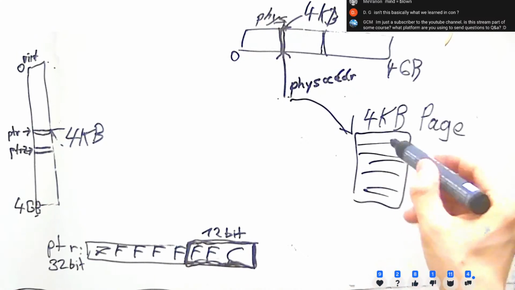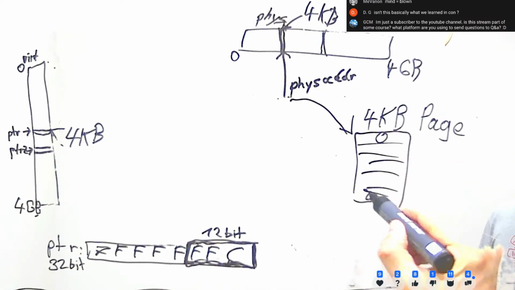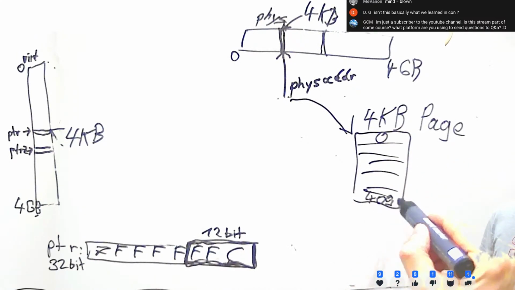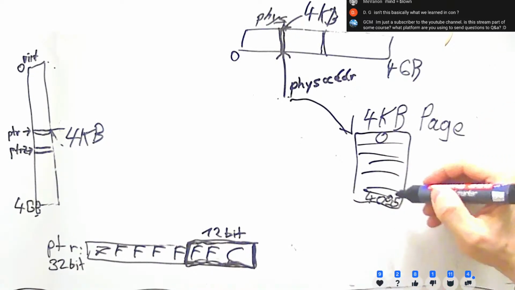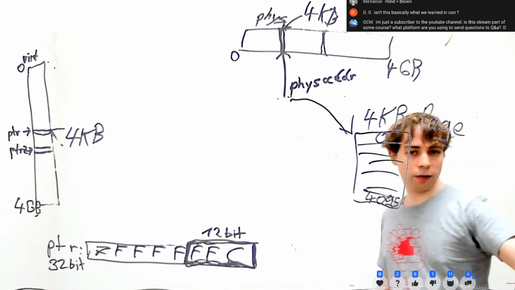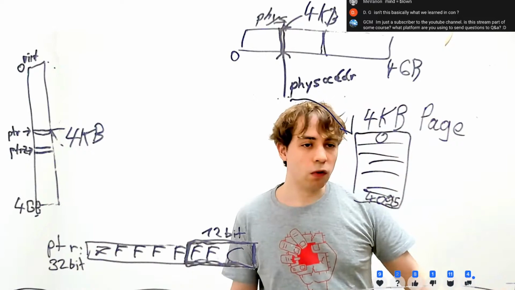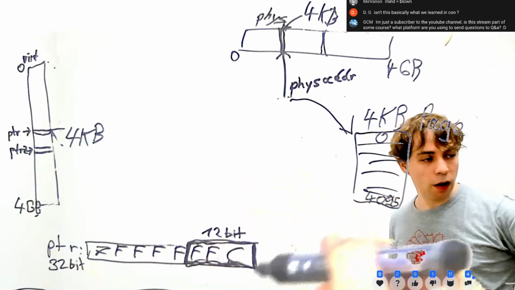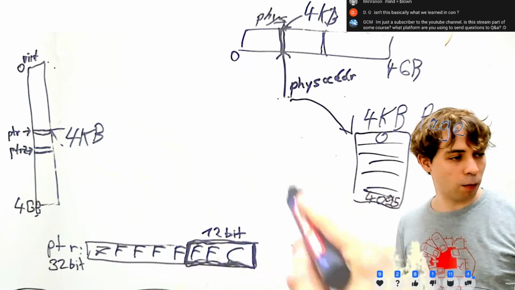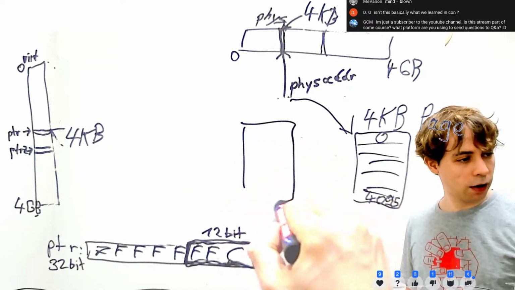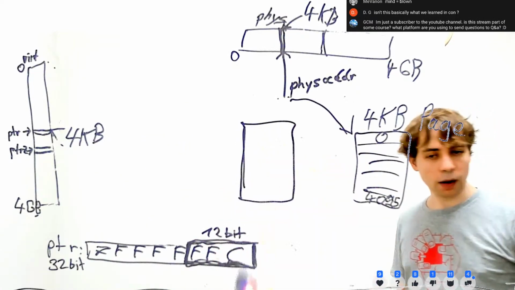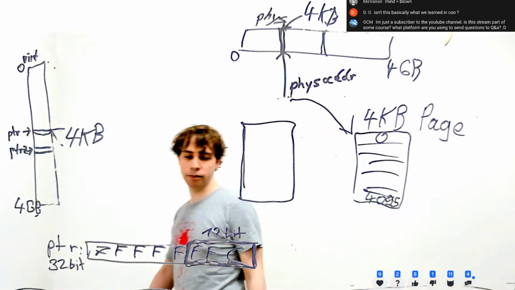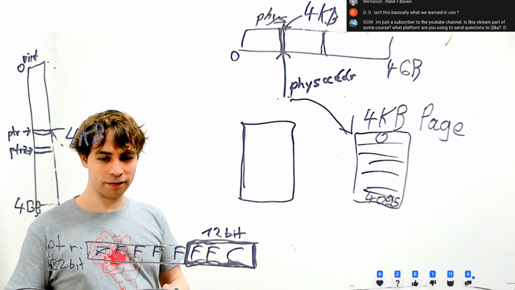Bytes from 0 to 4095. And now we have the next problem. We need to store this map. If someone already said we want to have multiple levels, we need to store these tables somewhere. Let's start with the first table that we use. How large should we make this table?